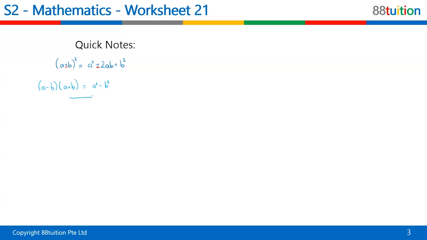If we see it this way, this is expansion. Most of the time, the question will ask us to go in this direction, which is factorization. Because it is really important, I hope that by now we all remember it.